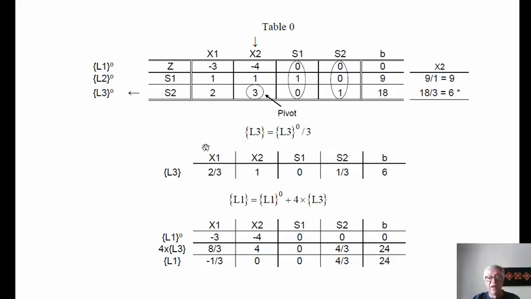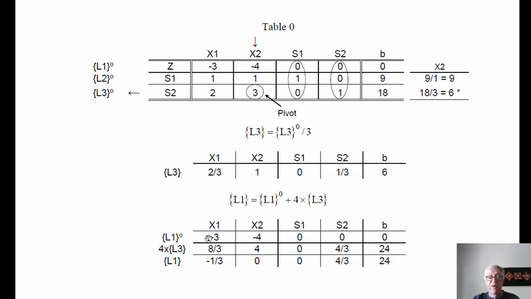This is what is done here. So the new line 3 is the previous one divided by 3. So 2 divided by 3, 3 divided by 3 is 1. Here you have 0. Here you have 1 divided by 3, and here you have 6. Okay? So next, what we need to do is to transform these two coefficients into 0.